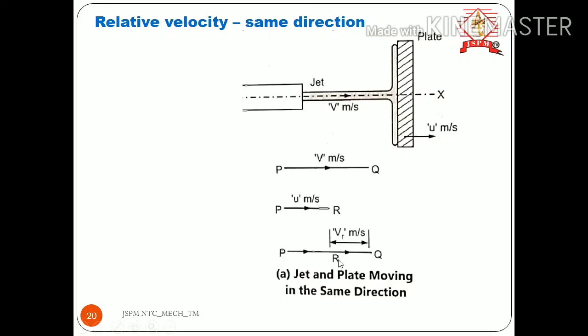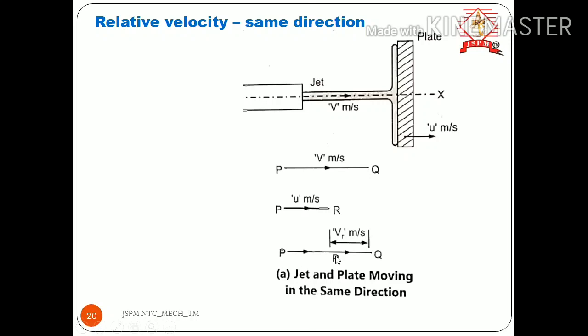So PR and PQ are also in the same direction. The difference between v and u will be the relative velocity. See here, PR is this much and PQ is this much.